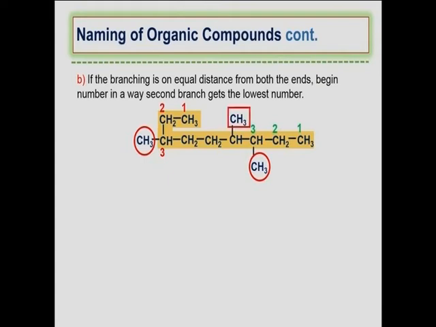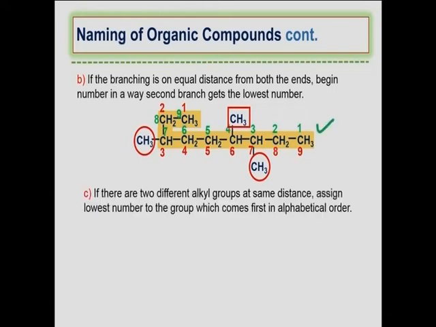So you have another substituent, the second substituent, and the second substituent should also get the lowest number. If you number from the left, the substituent is getting 6. If you number from the right, the substituent is getting 4. So basically your correct numbering is the green numbering.